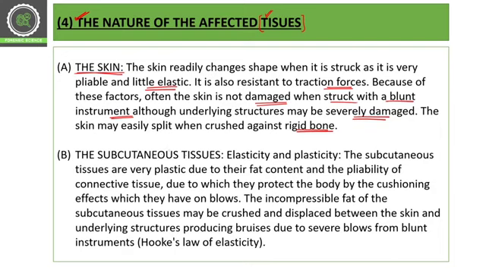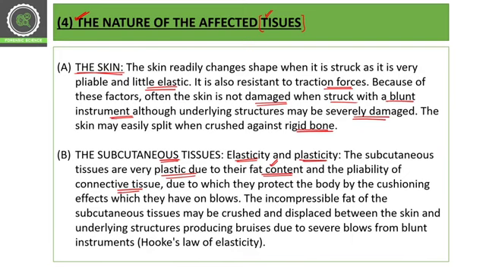Next we have the subcutaneous tissue. Subcutaneous tissues have elasticity and plasticity both. The subcutaneous tissues are very plastic due to fat content and pliability of connective tissue. Okay, because of the fat content, our fat tissues are present at the subcutaneous tissue level.